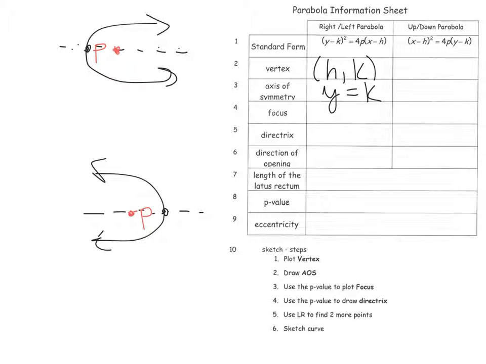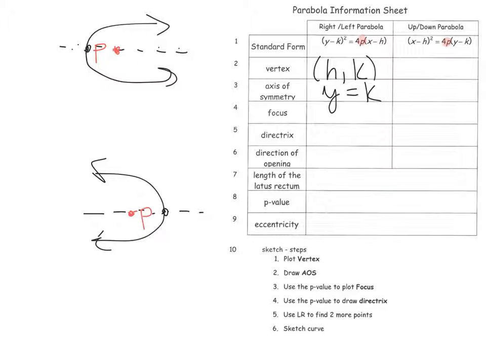So if you look at the standard form of the equation, p shows up next to the 4. So this idea of p, that's how many units away the focus on the inside is from the vertex on the parabola.